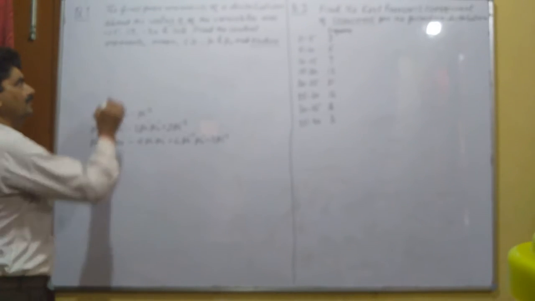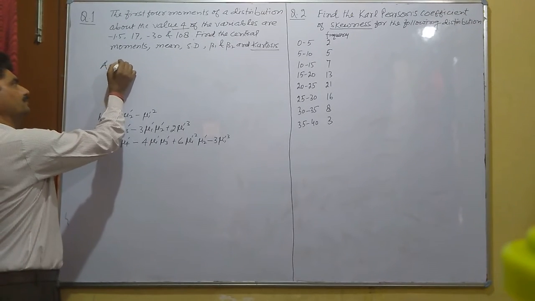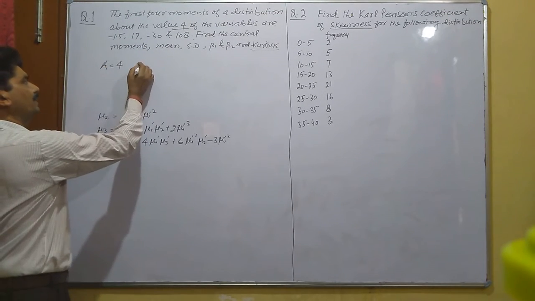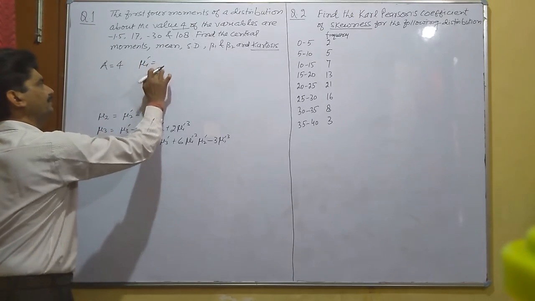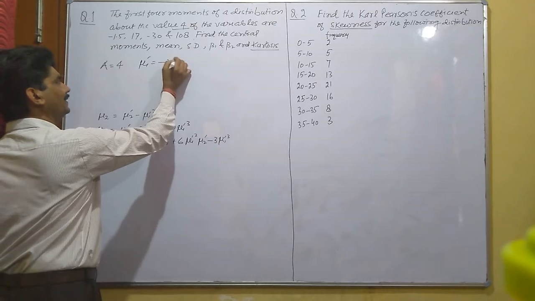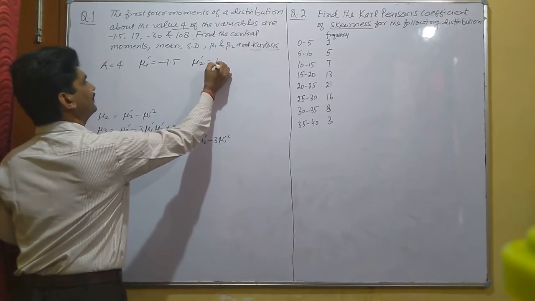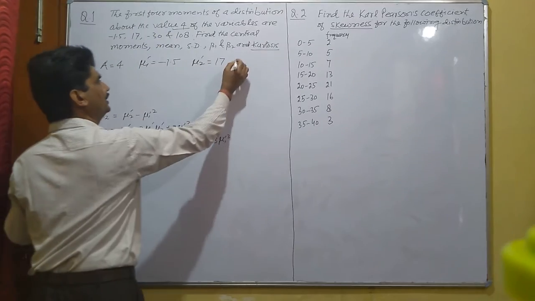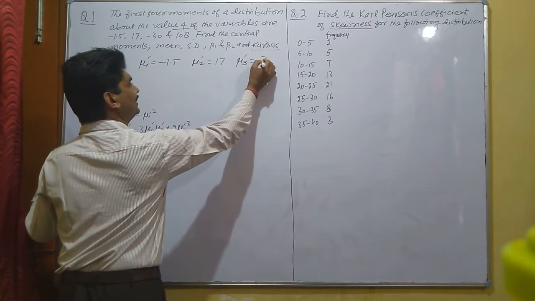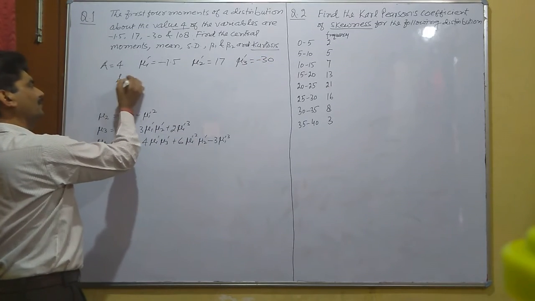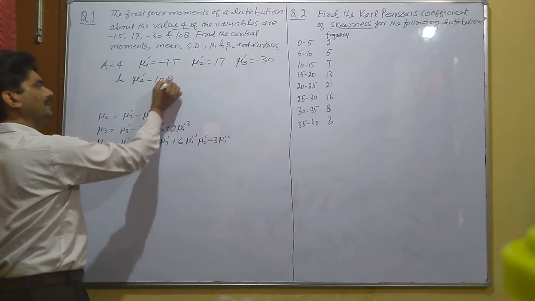According to our formula, the point A here is 4, and the first four moments are mu1 dash, minus 1.5, mu2 dash, 17, mu3 dash equal to minus 30, and mu4 dash, 108.